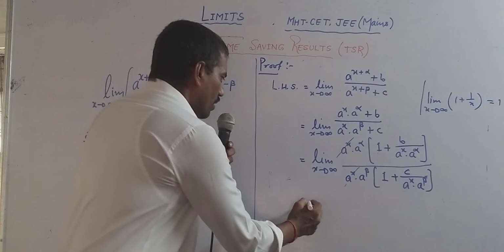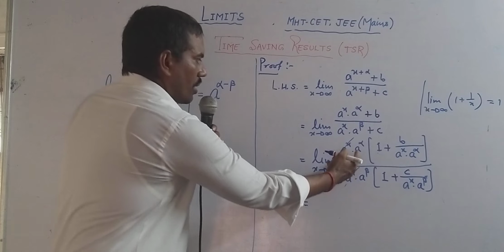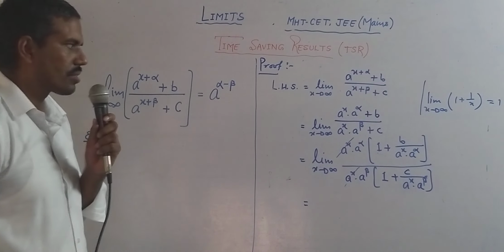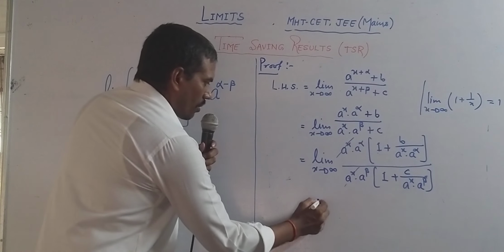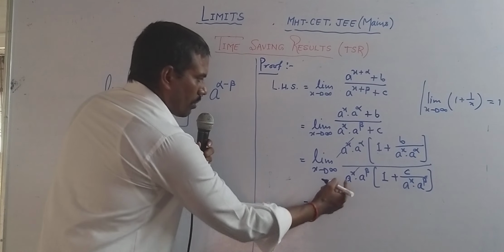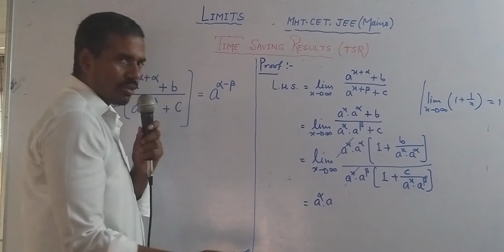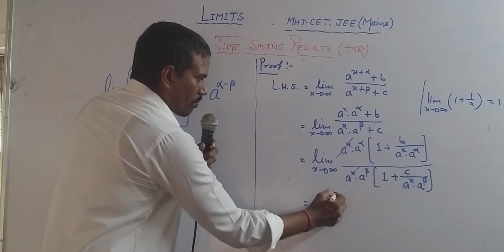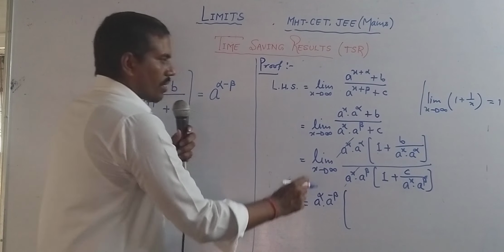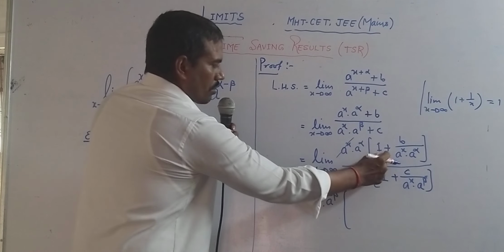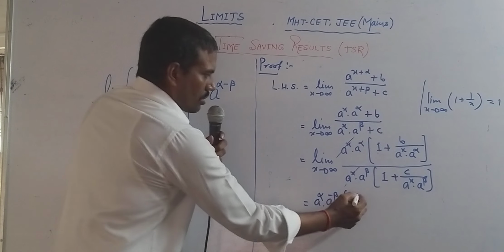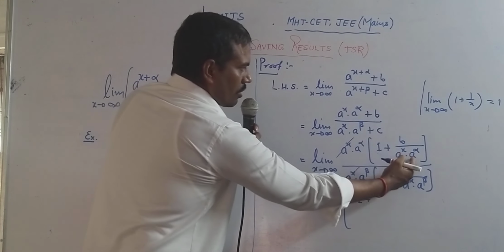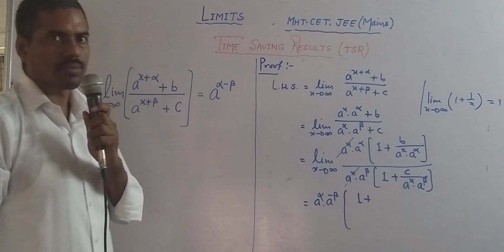We get this is equal to a to the power alpha and a to the power beta are constant functions. Then a to the power alpha into a to the power beta, when it goes into the numerator, becomes a to the power minus beta. And the limit of the first term, that is the constant term, is 1, and the limit of b upon a to the power x into a to the power alpha becomes 0.